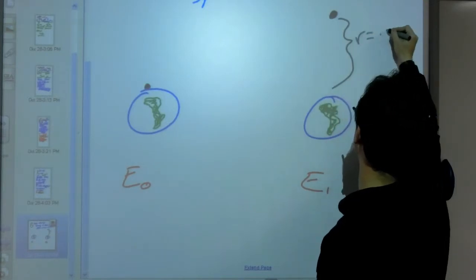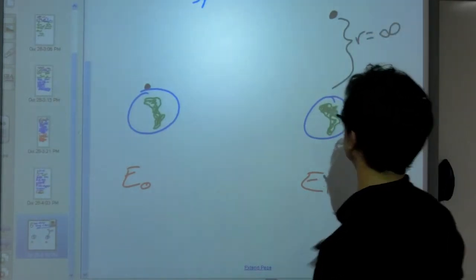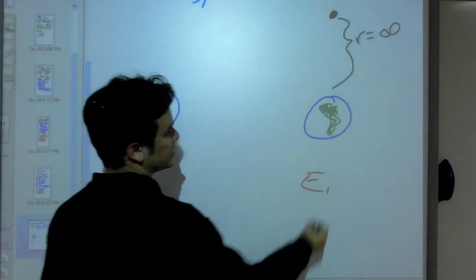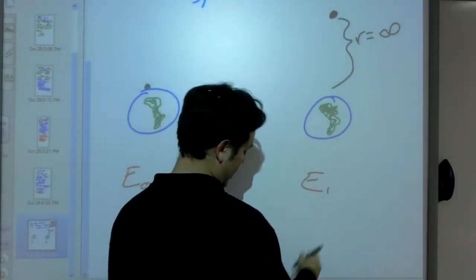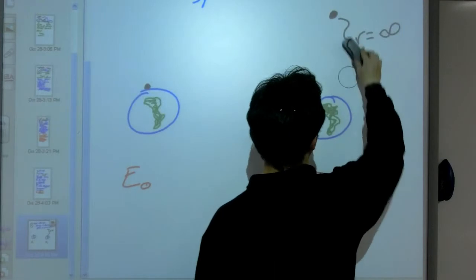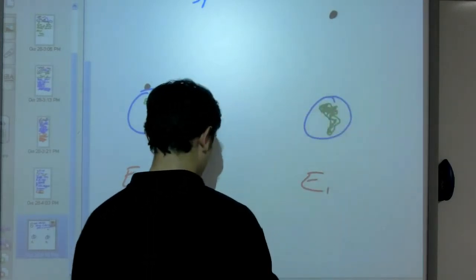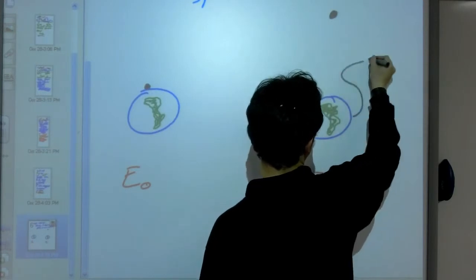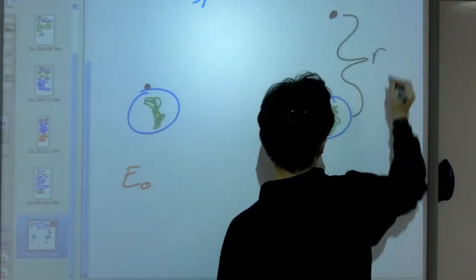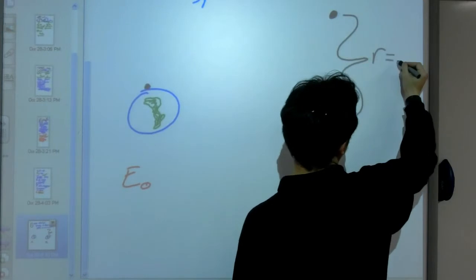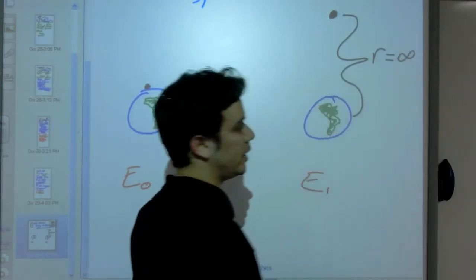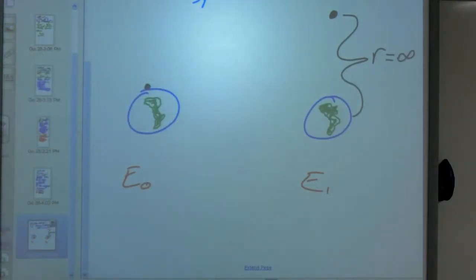In fact, the distance between it and technically the center of the Earth is going to be infinity. Because if the thing leaves Earth and never comes back, that means basically it's just going to fly off into infinity. It may take an incredibly long time for it to get there, but it's going to fly off into infinity.